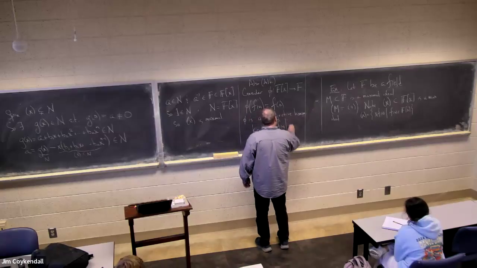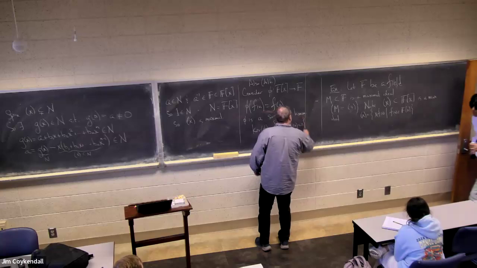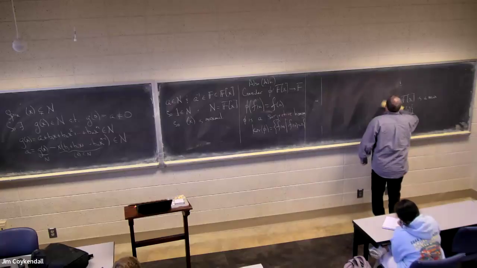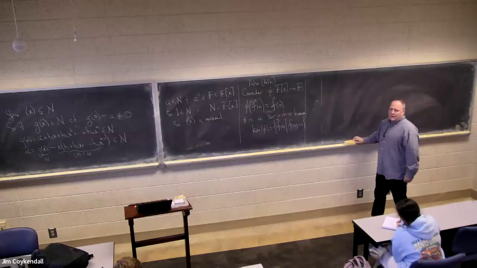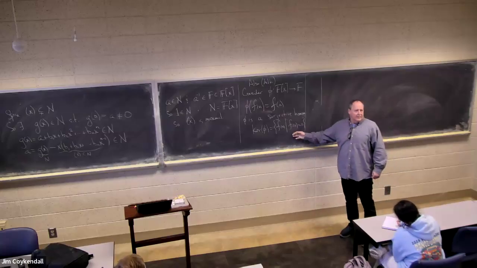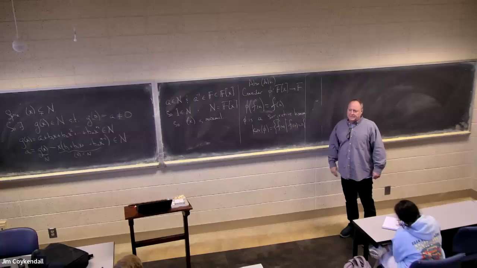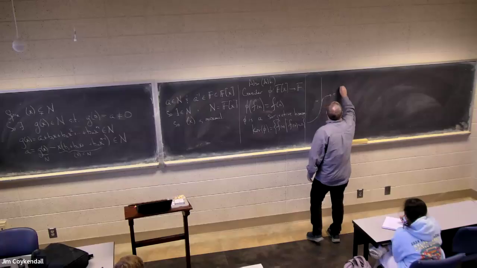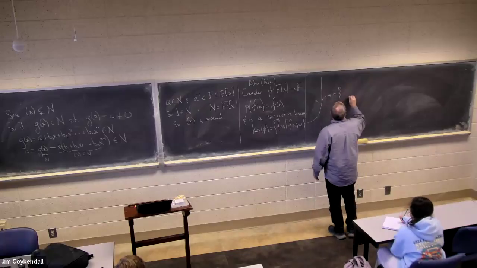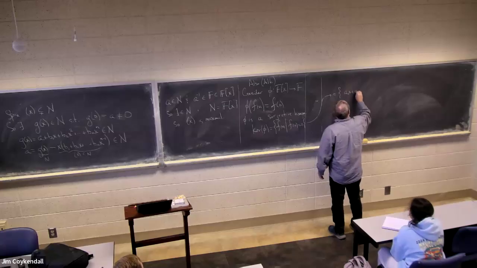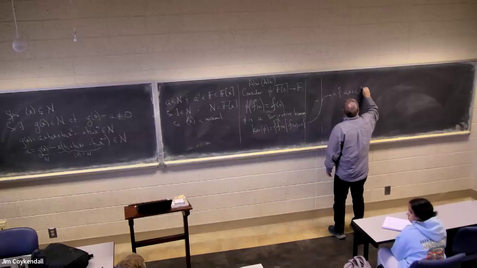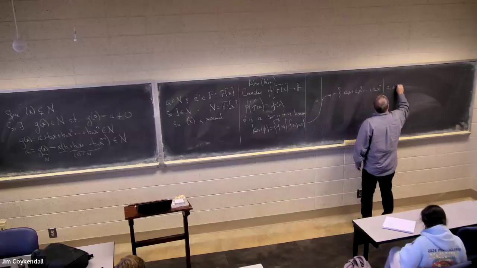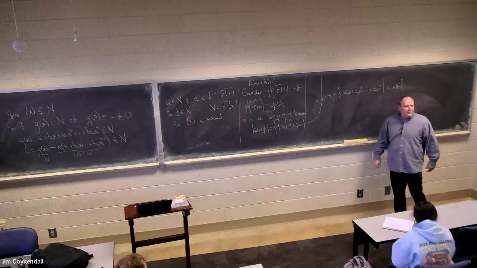This is the set of all polynomials such that p(0) is 0. Agree? What does that mean about the constant term? The constant term has to be 0, right?